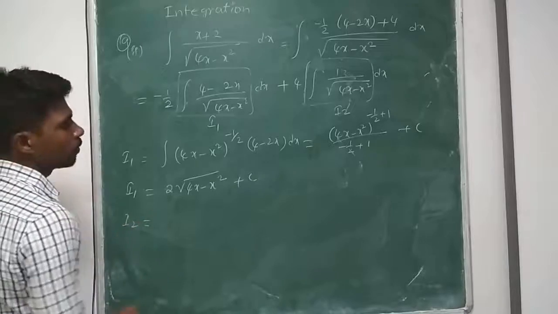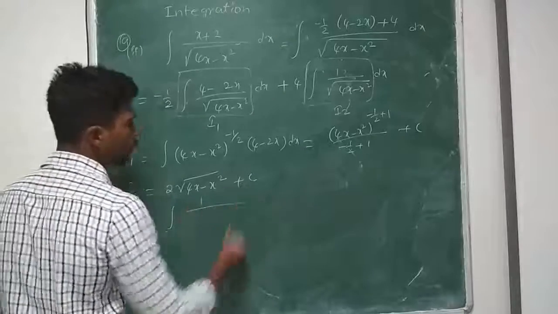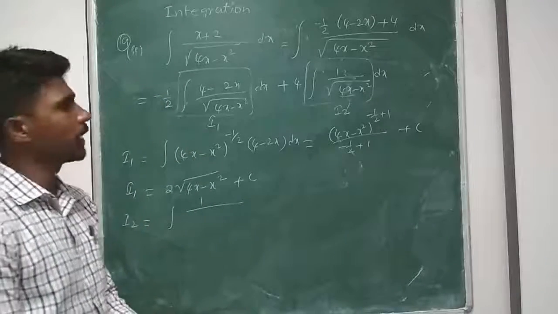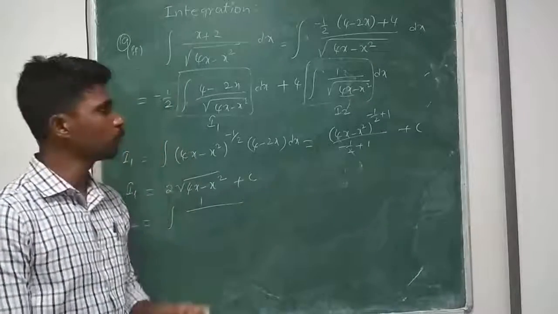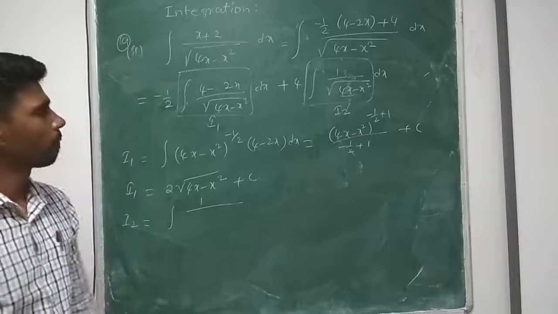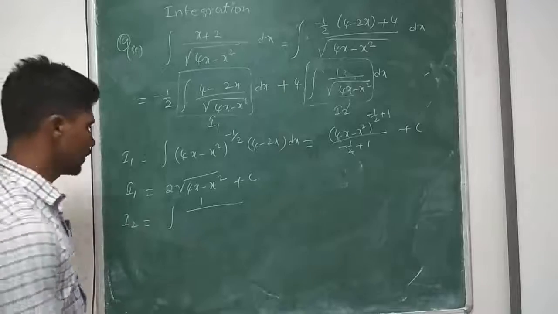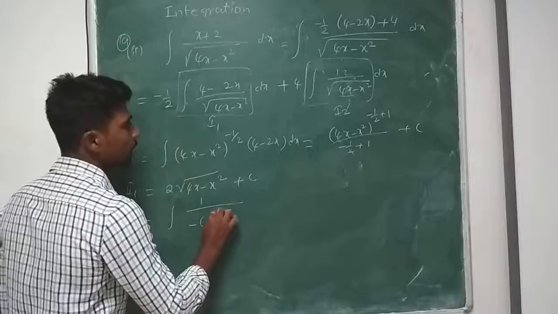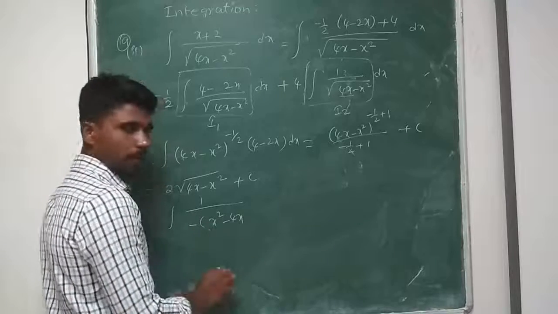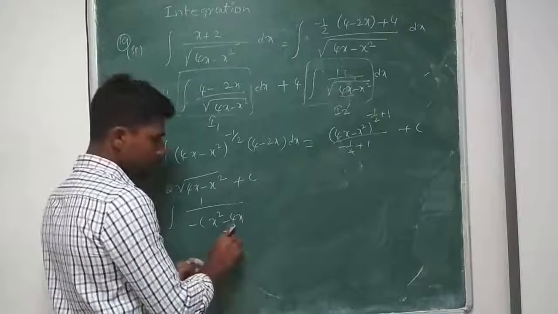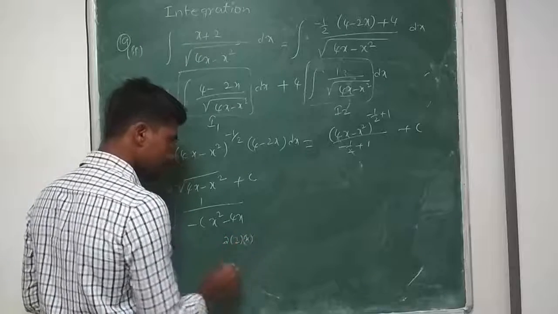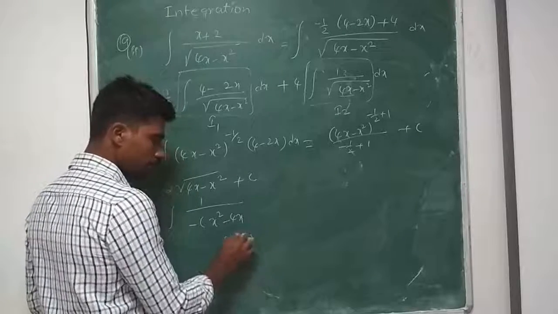So I2 is equal to integral 1 by root of a function ax square plus bx plus c. I have to split the function in the form x minus alpha whole square minus beta square. For that purpose, I take minus common first, then I get x square minus 4x. It is like x square minus 2ab, so x square minus 4x, we can write as 2 into x into 2, with 2 as a and x as b.